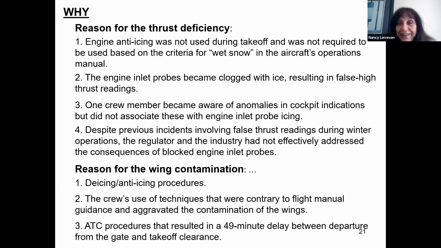Wait a minute. This was never mentioned in the original report, that the pilots were actually following the instructions in the aircraft's operations manual. Now we've got another thing to look at. What about the operations manual?